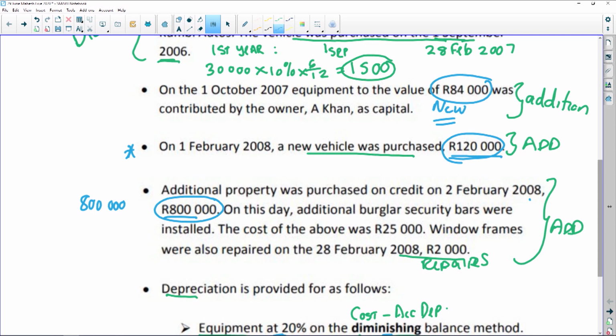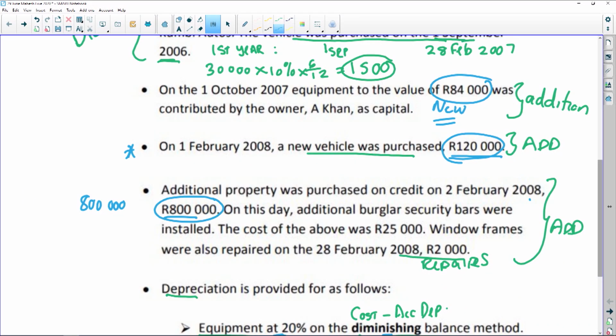But what has added value to the asset? By installing these security bars, that 25,000 is now adding value to the property. So we're going to include the 25,000.